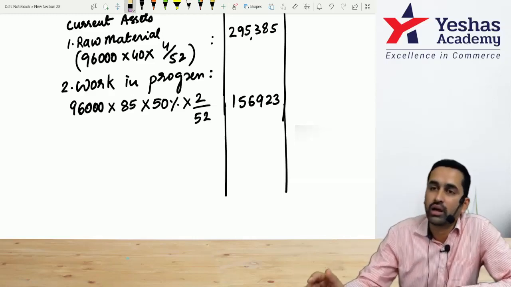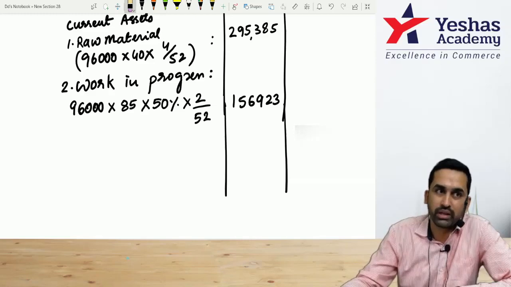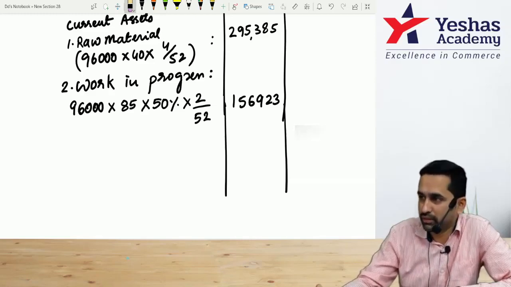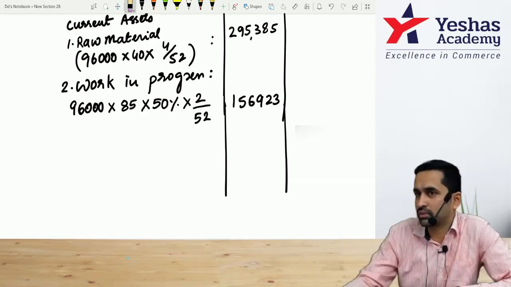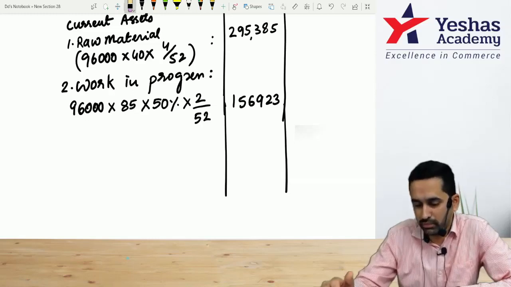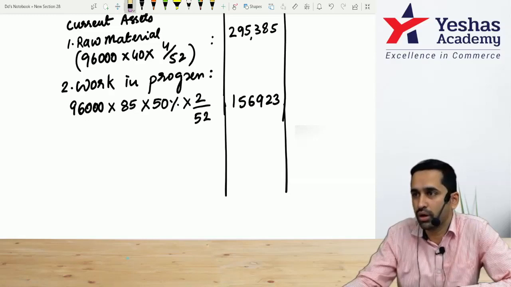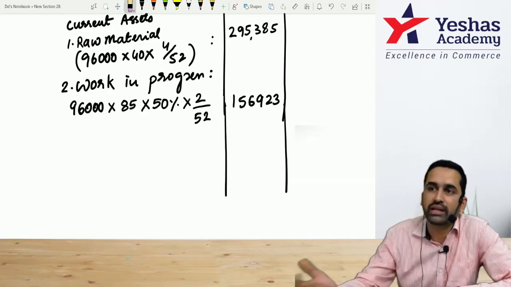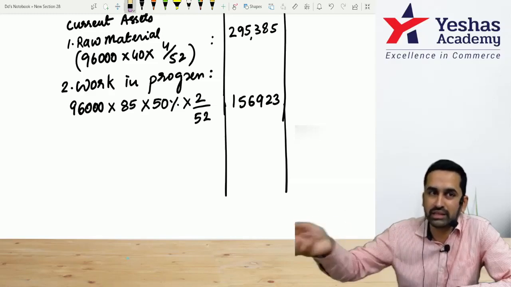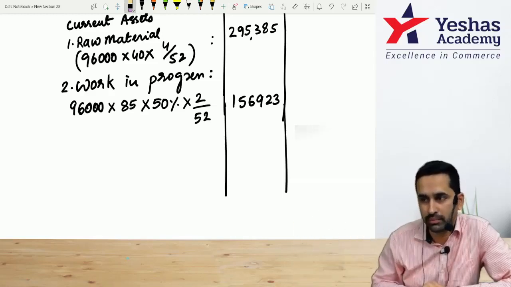Correct? Going by the previous logic, if there is a fire accident in my factory and all the work that was in progress is gone, then my 156,923 rupee cash is gone. Able to follow? That is why I indirectly said this much of my money is blocked. Yeah, copy.